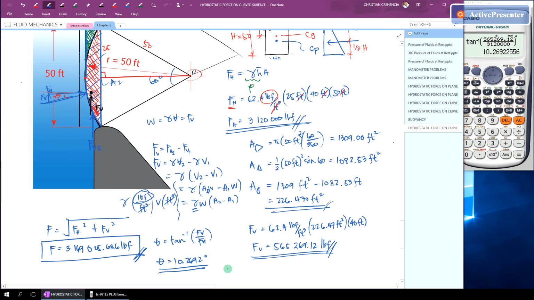Okay, so to determine if that will pass through point O, so i-locate nga natin yung intersection nitong yung horizontal component. So, dadaan siya dyan. Then, yung vertical component, dadaan siya dito. So, from this point, meron tayong mapo-form na triangle. Okay. So, dito naman, we will solve for this angle. So, let's call this angle alpha.